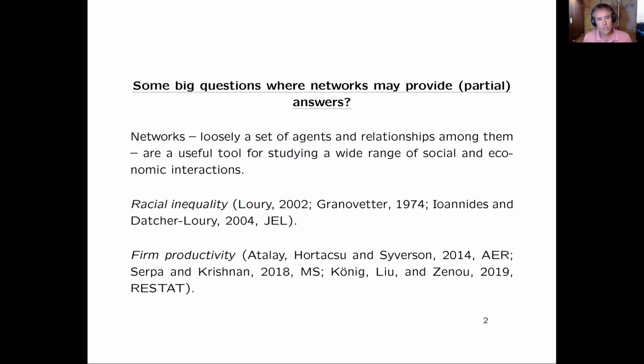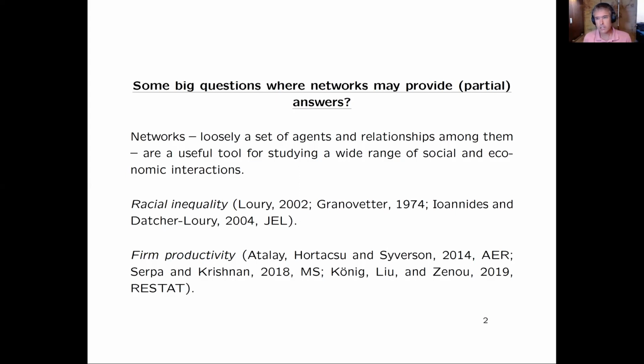More generally, there's a long literature in sociology that looks at networks as important for, for example, getting a job. So I think there's some interesting work to be done in labor economics and the economics of inequality that has a network aspect.